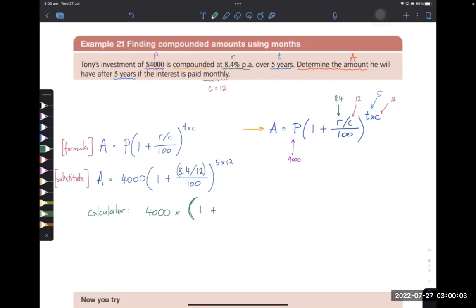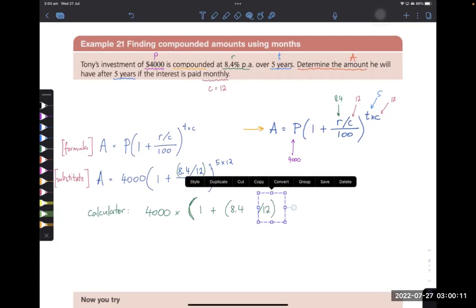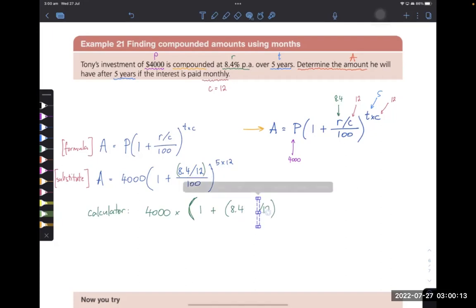Okay, so we're going to type bracket 8.4 forward slash 12 or divided by 12. If you're on a normal calculator and you've only got the division sign, you're going to write divided by 12, like so. And then we've closed off the bracket, but now we have to divide again by 100.